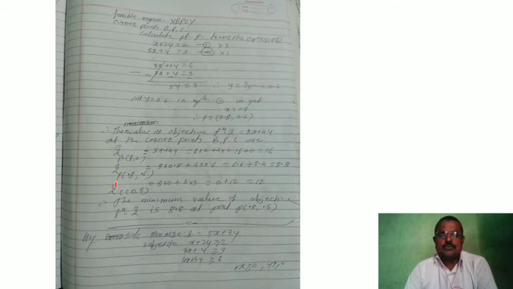Which next corner point? See in the graph, it is P. We have to take that. Then Z at point P (0.8, 0.6) is the objective function 8x plus 4y, 8 into 0.8 plus 4 into 0.6. We have to put 0.8 in place of x and 0.6 in place of y.